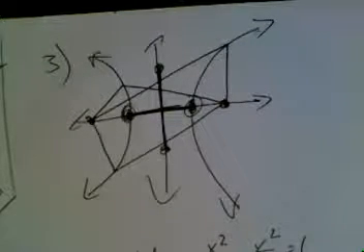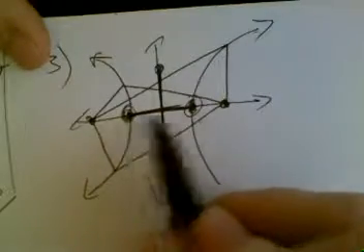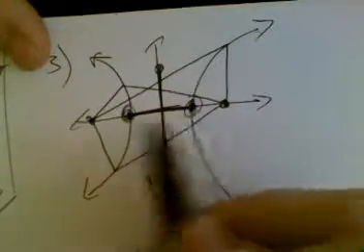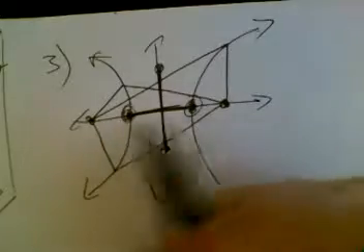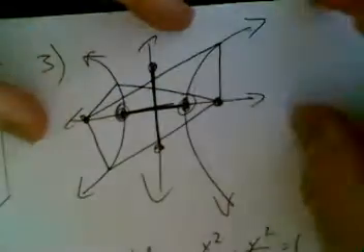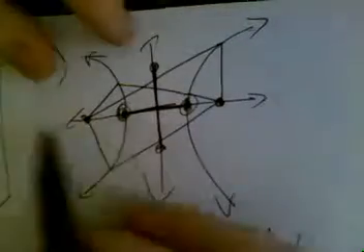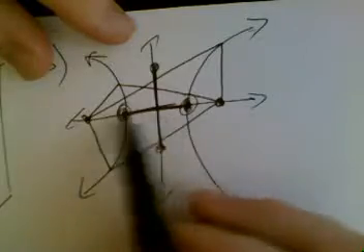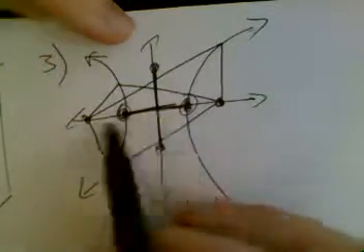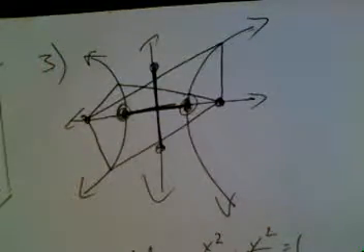The problem with defining it this way is that the transverse axis is only from here to here, and it's not necessarily always on the x-axis. If I shift this thing around, it's going to be somewhere else. So we can't just say that it's on the x-axis or it is the entire thing here. No, it is a specific length connecting the two vertices.